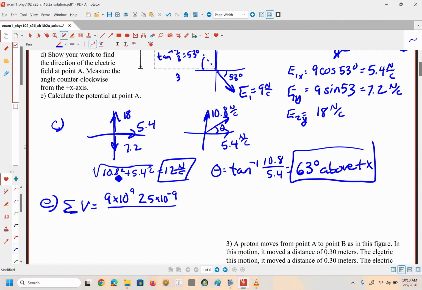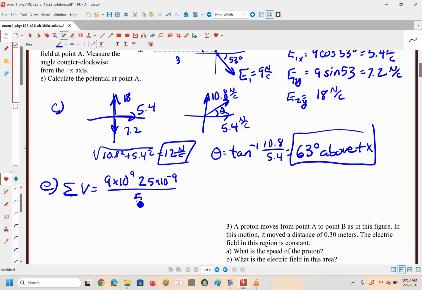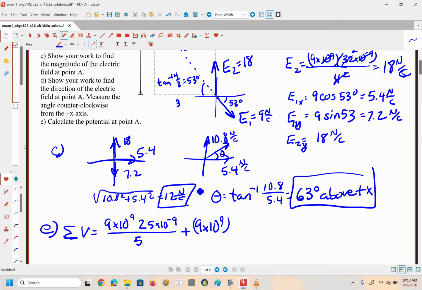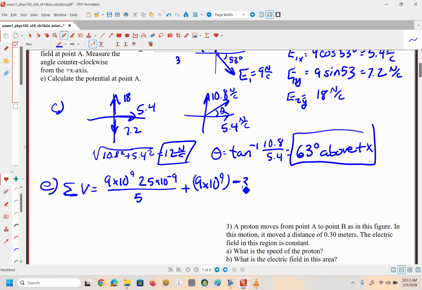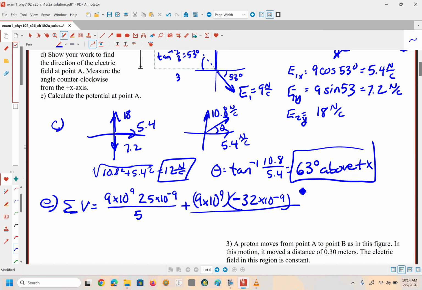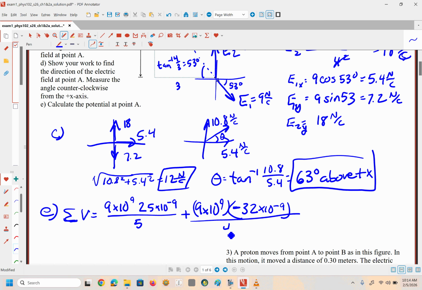The distance of that charge is 5 meters, plus 9 times 10 to the 9th times the second charge, which was 32. We do include the sign there because this is a scalar quantity and that sign is important, divided by the distance, which is 4. These are not squared.